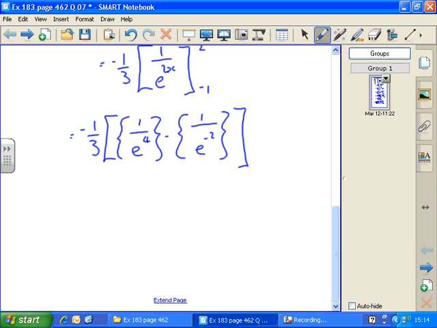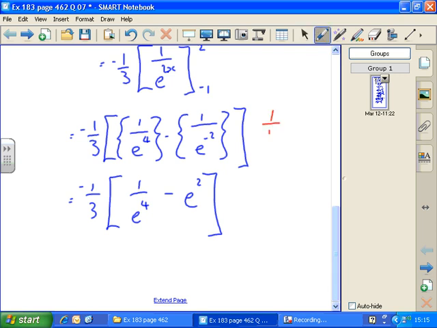But thinking of this, maybe algebraically, just taking it a little bit further, 1 over e to the 4, minus, this is an inverse of an inverse, effectively, which actually just tells us that it's e squared. 1 over 1 over e squared is e squared.